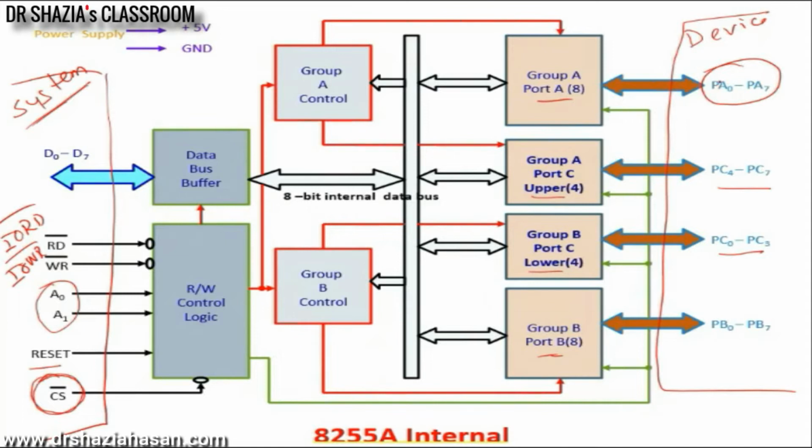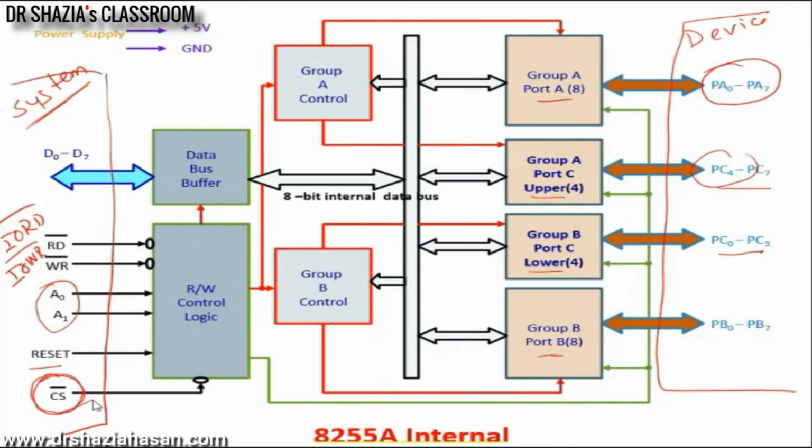Only for that address should port A get access. If I have generated another address for, let us assume, port B, only if that address is generated should port B get accessed, not for any address. So that we are confining with the help of this chip select line.